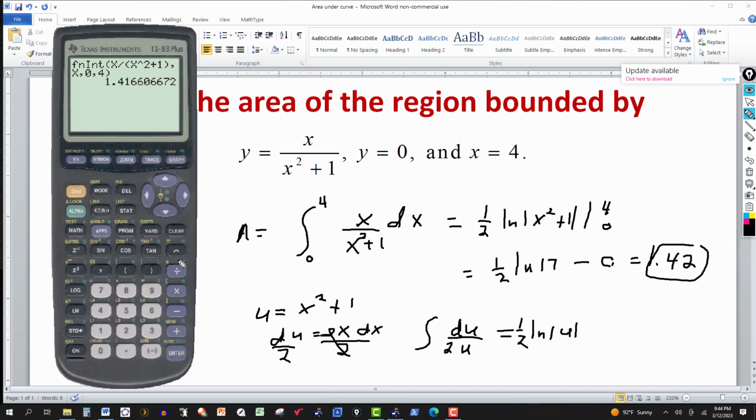And let's confirm it here. If I take the 0.5, which is 1/2, the natural log of 17, I get the same thing. Okay, so just a little error, left out the 1. Instead of 0.42, it should be 1.42. There it is, 1.41, run that out to 2 places, 1.42 square units.